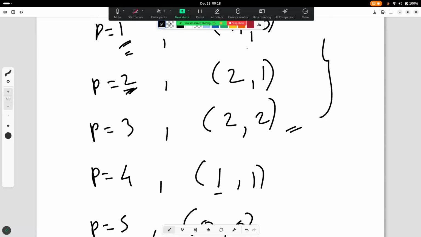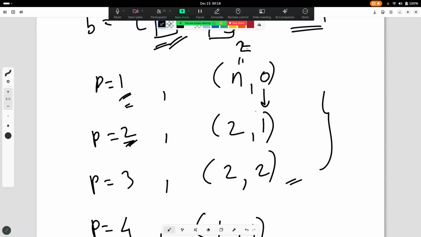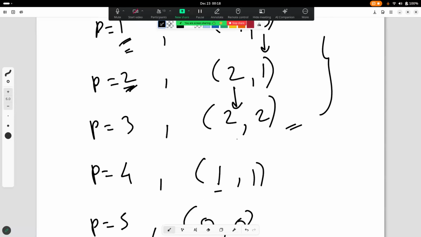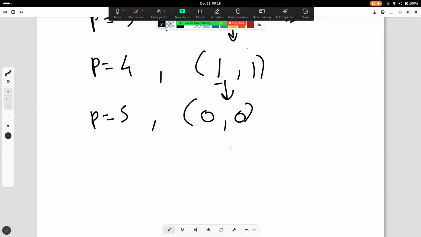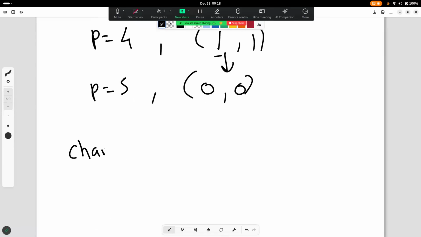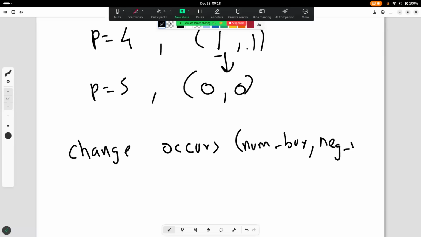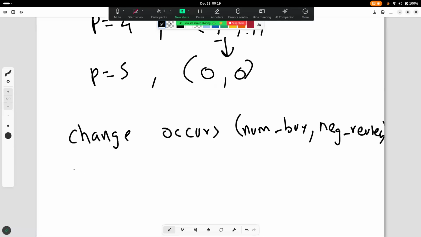Now, if you observe these transitions, the changes that are occurring, the change occurs in this pair, your number of buyers and the negative reviews. This pair only changes the first time P exceeds something.